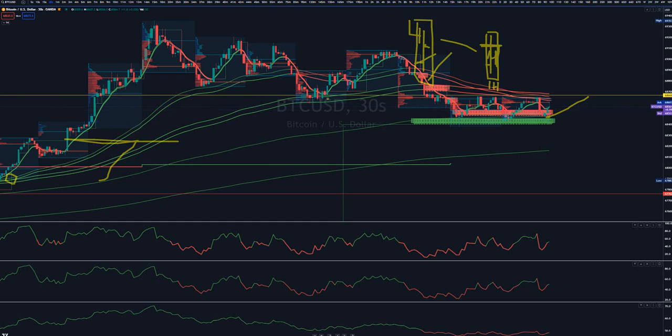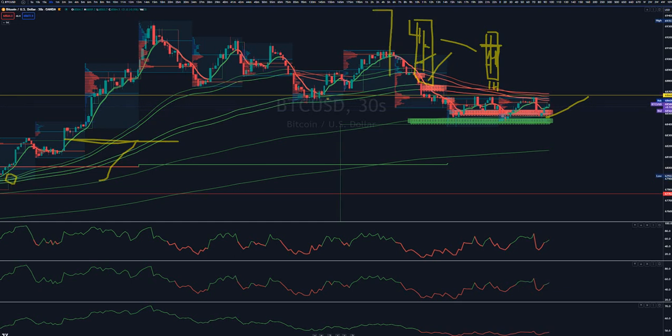The daily also, but the weekly still red, because on the weekly we opened the market higher, and now because of the trend of the last days, the weekly close is lower. So that's the reason the candle is red.